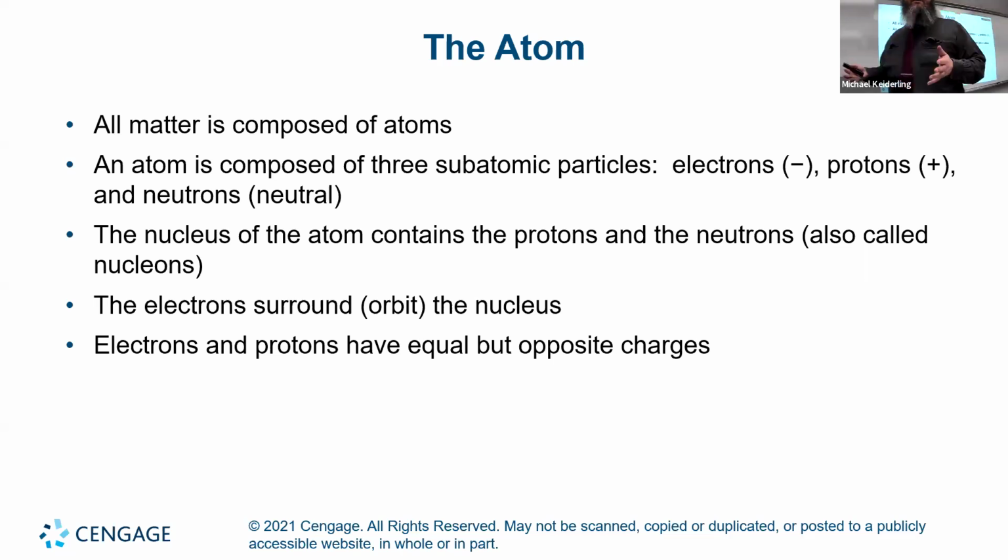The electrons surround and orbit. The common term is orbit, but they surround the nucleus. They're attracted to the nucleus because they have an opposite charge from the nucleus, and then they fill up energy levels there. So electrons and protons have equal but opposite charges. So a normal neutral atom will have an equal number of protons and electrons.